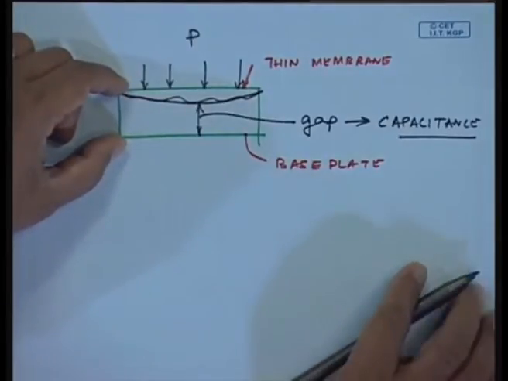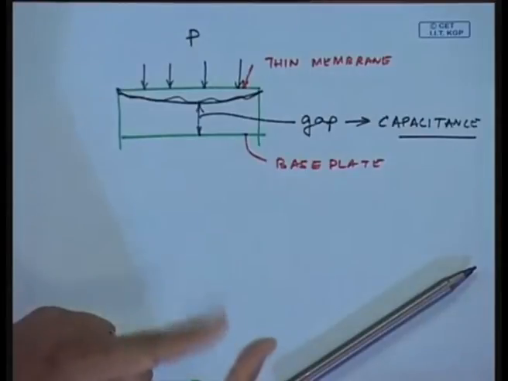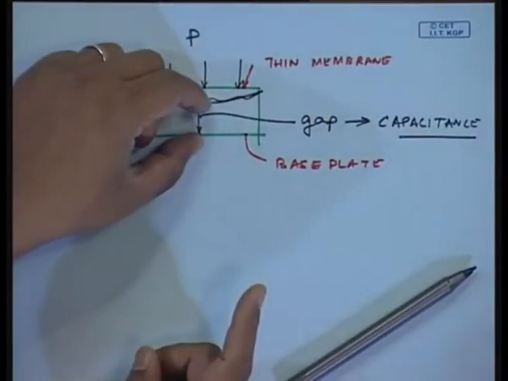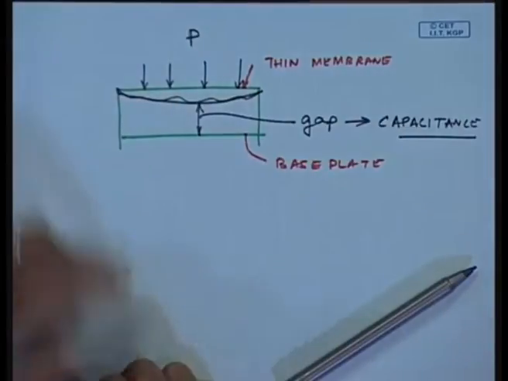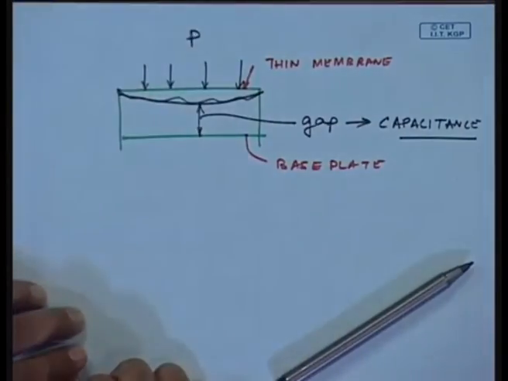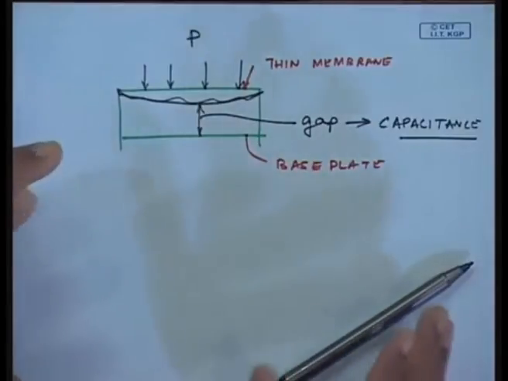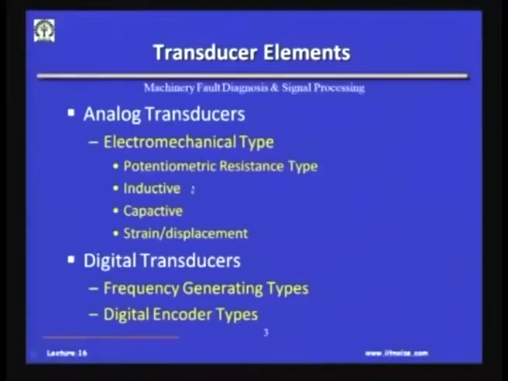These plates are maintained at a particular voltage. Now, the capacitance has changed because the gap has changed, and then we will get a charge which is corresponding to the mechanical pressure P. So, these are what I mean are the sensing elements: resistance, inductance, capacitance, strain, etc. And these are used as sensing elements in mechanical systems to measure the mechanical parameter.